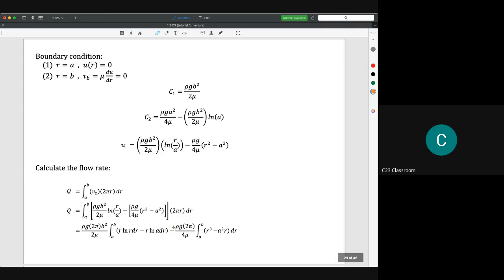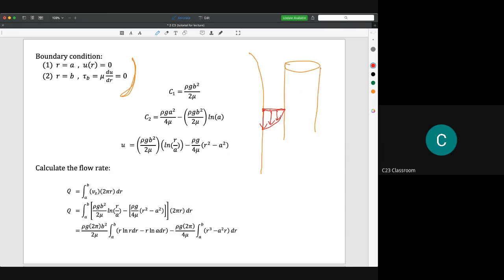As you know, we need to use boundary conditions to get the values of C1 and C2, the constants. How to determine the boundary conditions here, you need to refer to your application. We have a rod here, and then we have water down here, and the velocity distribution will show like this.